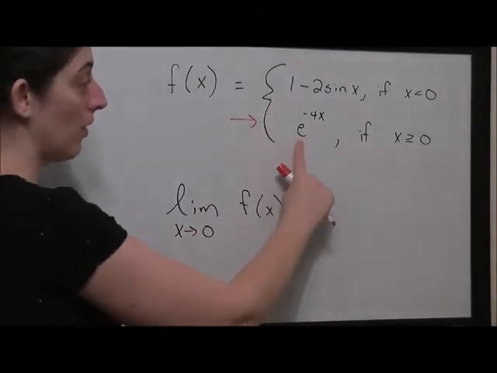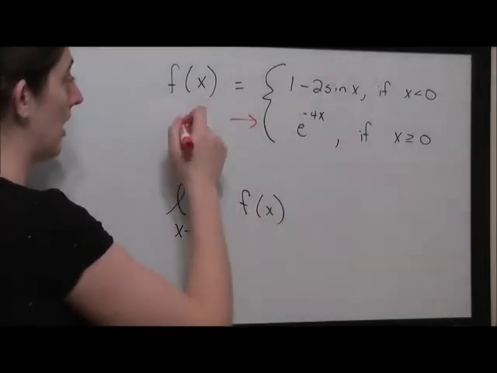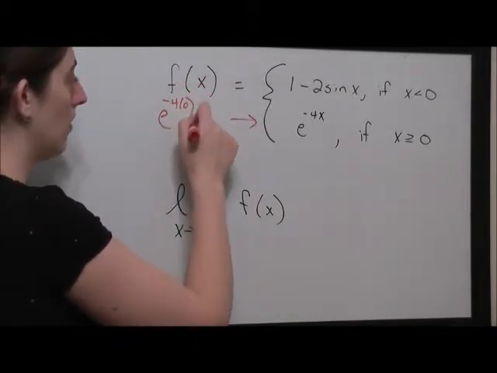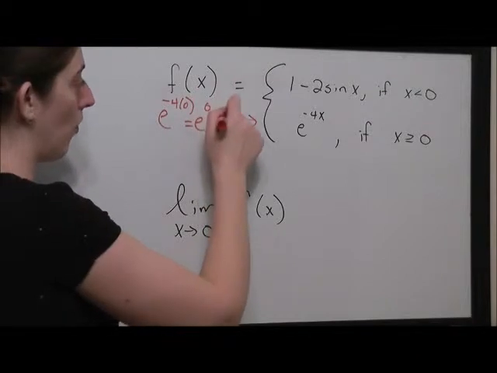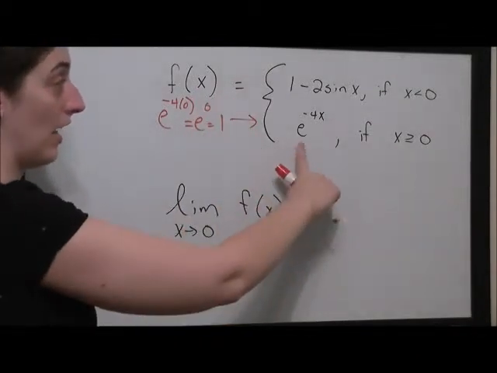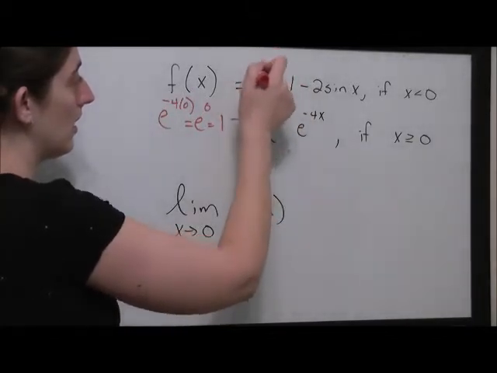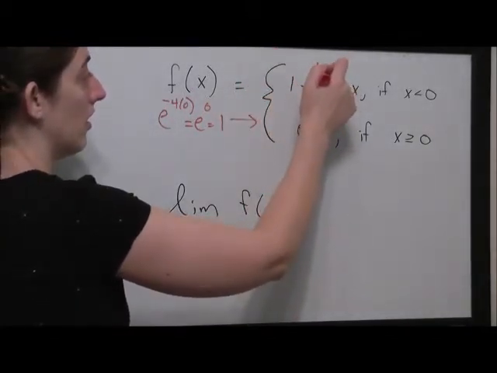If I plug 0 in, I get e to the negative 4 times 0, which is e to the 0 or 1. So we know one side is going towards 1.